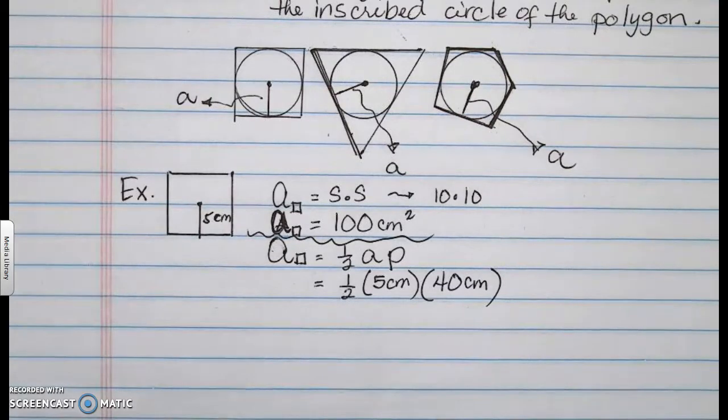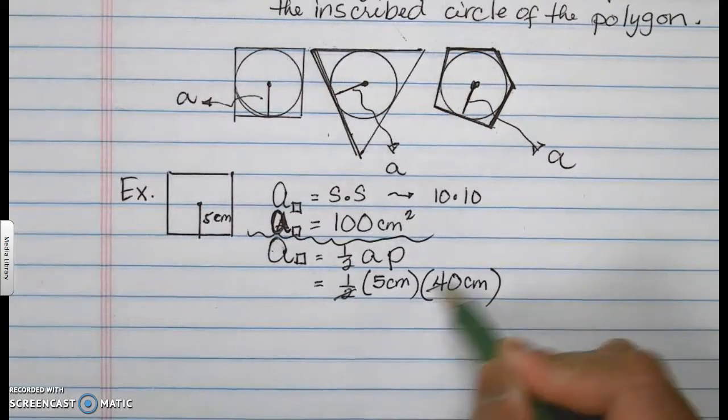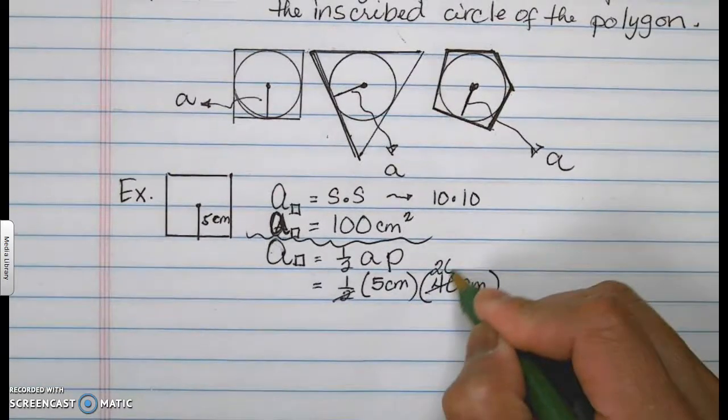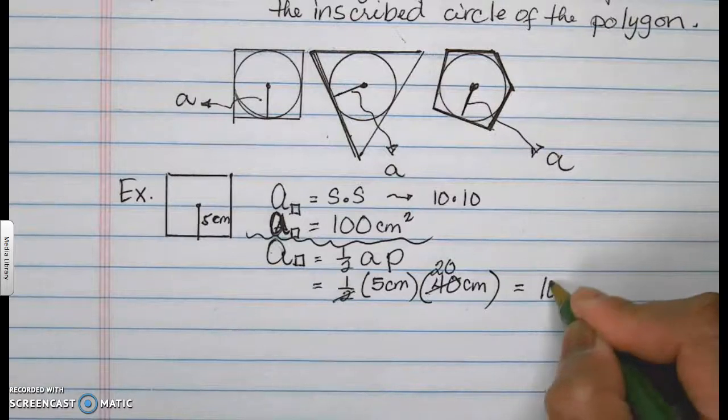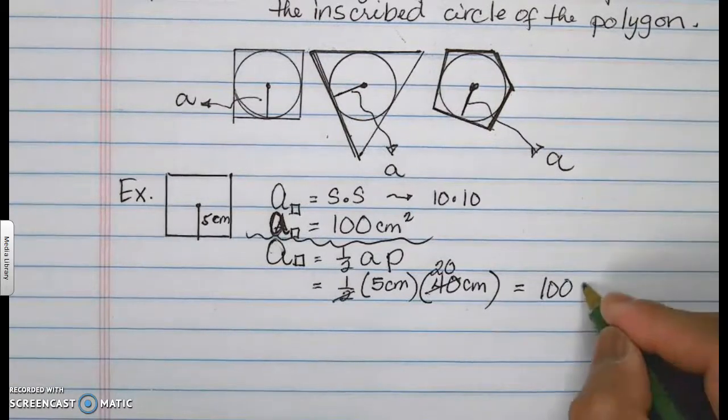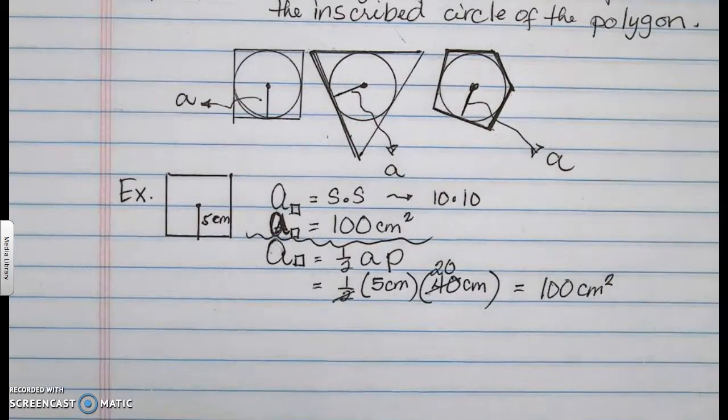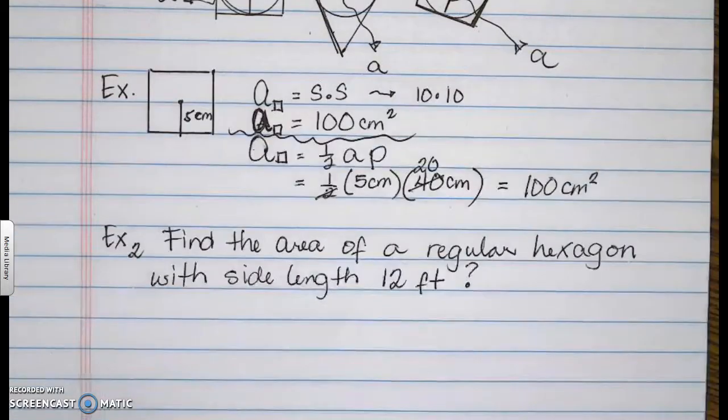I can cancel this out and simplify it into 20. And so 20 times 5 is going to give me 100. Centimeters times centimeters is centimeters squared, which ties up to my other area that we had used.